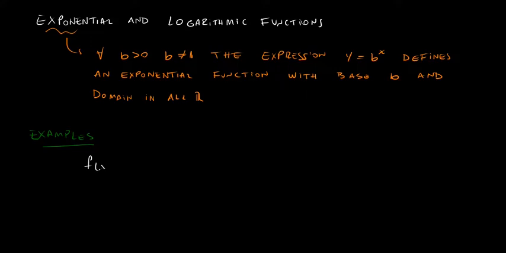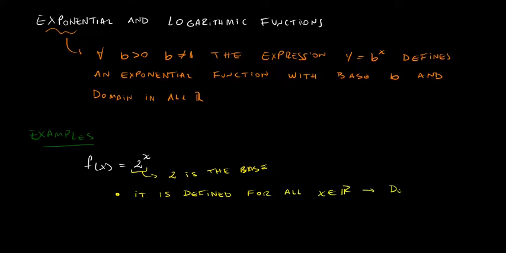If we take f of x equals 2 to the x, the first thing to notice is that the number 2 is the base. Now this function is defined for all the real numbers. This means that the domain of f is the set of the real numbers.